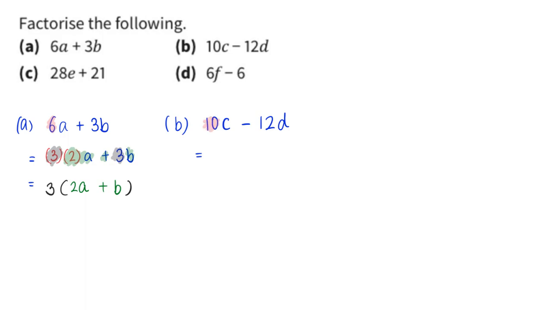And therefore I will rewrite 10 and 12 as 2 times 5 minus 2 times 6, so that you can see very clearly the common factor is 2.